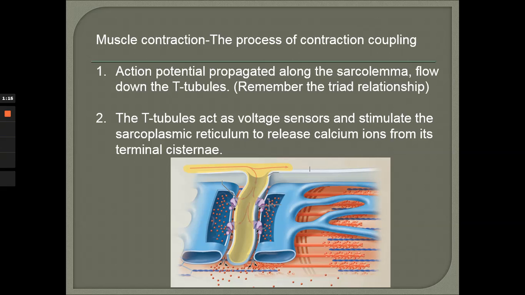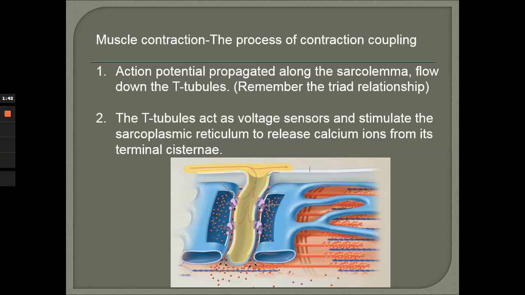It was the way the sarcolemma is kind of embedded into the rest of the cell. So instead of just encircling that cell, the sarcolemma has these T-tubules that go deep into the muscle fiber. So number one, action potential propagated along the sarcolemma, flow down the T-tubules.